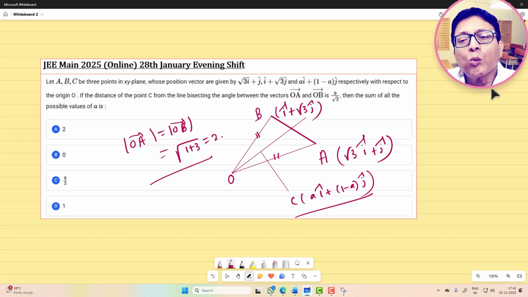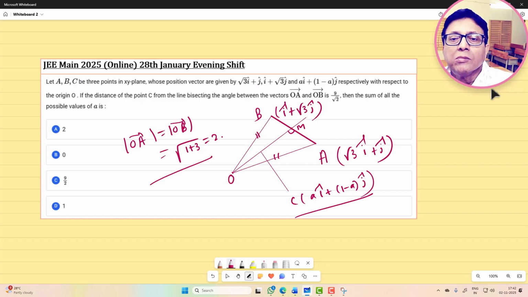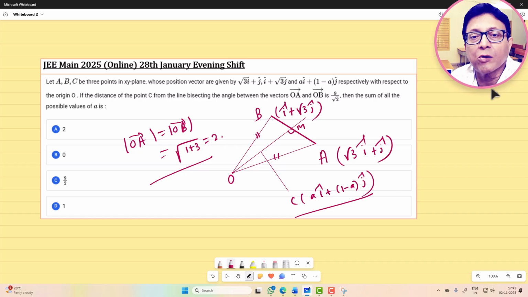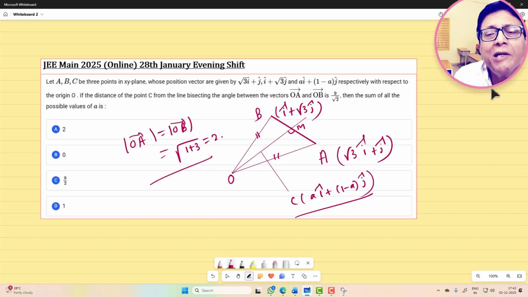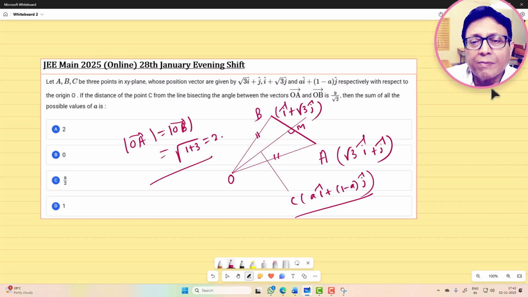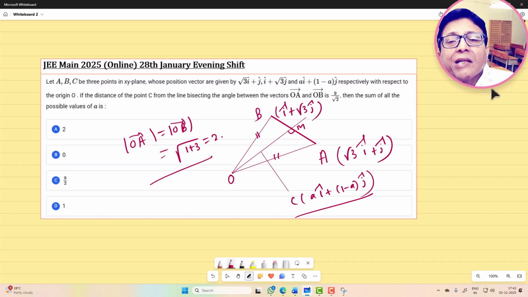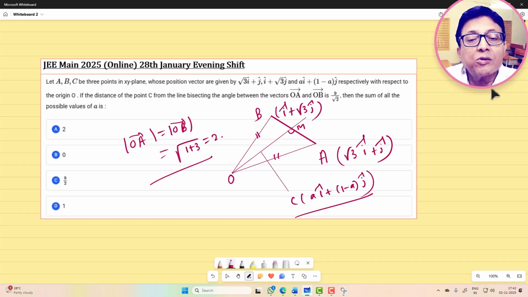Line passing through origin and as they are equal, this has to be the midpoint. See, the concept being repeated. So if you solve 4-5 years of papers, all the sets, you will be confident enough. M is going to be the midpoint, very basic geometry concept. Length of sides are equal, so this has to be the median, which is the angle bisector also. Angle bisector as well as median.